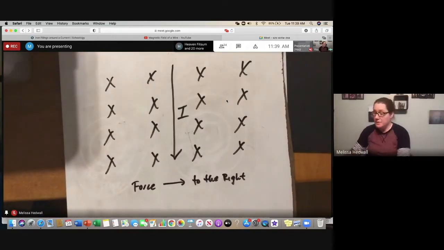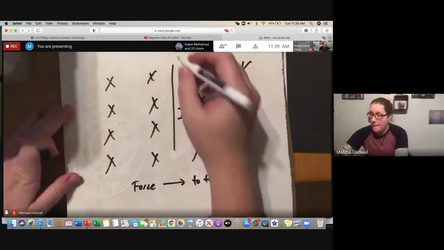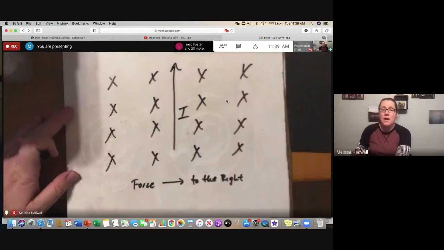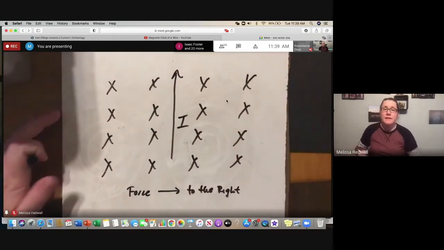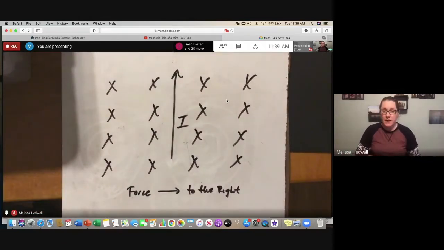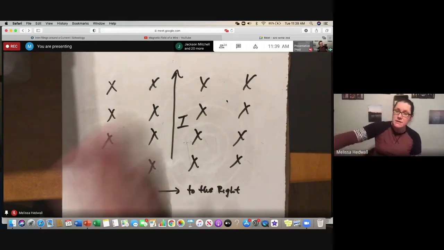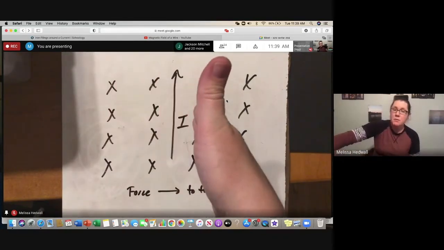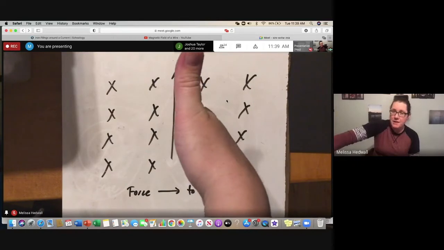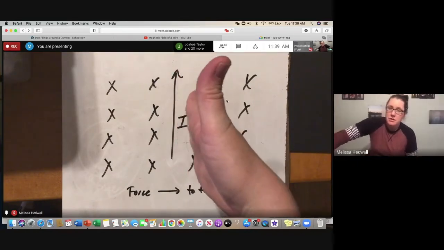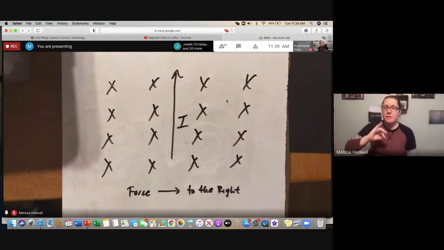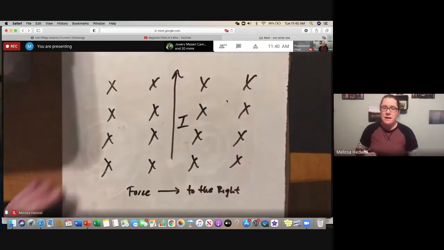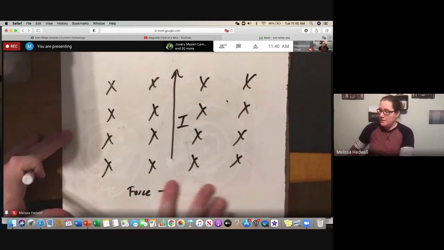If I change that and the current was going up, your fingers would still go into the board, your thumb would be going up the page, and your push would be to the left. Anytime you flip the current, the force ends up being the opposite. So this force would be to the left.